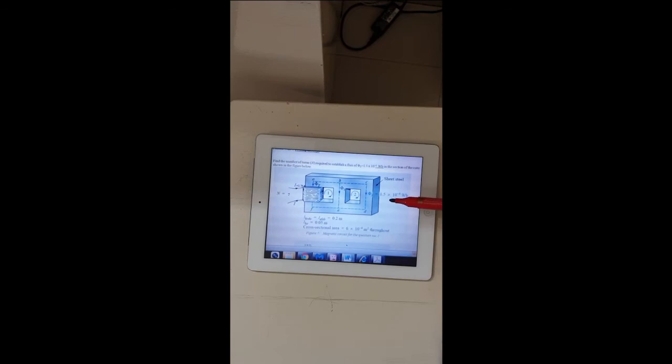So this is the question, and the given parameters are the flux path A, B, C, D, E, F, A. The lengths L of E, F, A, B is equal to 0.2 meter, and BE is given here as 0.5. The cross-section area is the same throughout, 6 × 10 to the minus 4 square meters, and the core is made of steel sheet.